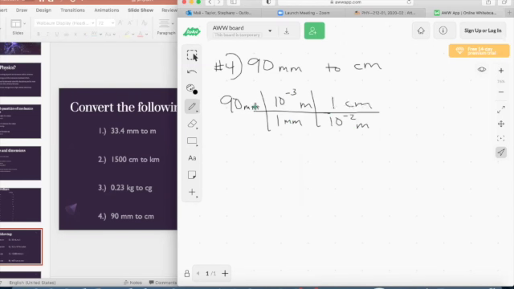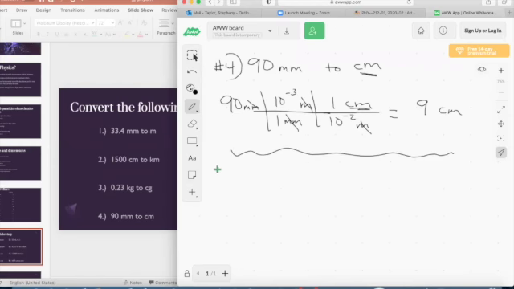So millimeters and millimeters cancel out, and then meters and meters cancel out. So we're left with centimeters, which is what we're trying to go to anyway. If you do 90 times 10 to the minus third, and then divide it by 10 to the minus second power, you'll end up with 9 centimeters. That's the longhand version.